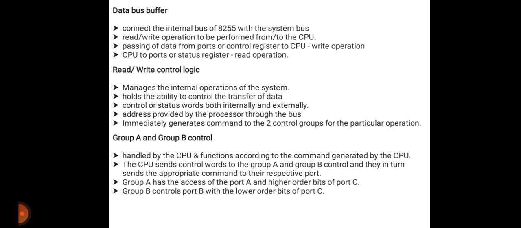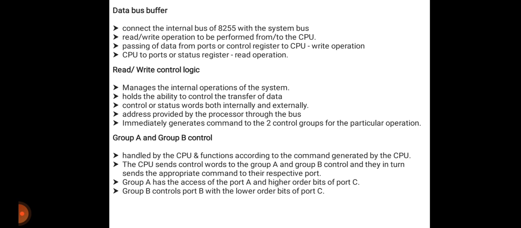So what is the operation of it? That we will see separately, group A and group B. These groups are handled by the CPU and function according to the commands generated by the CPU. So the CPU sends control words to group A and group B, and they in turn send the appropriate command to their respective ports.